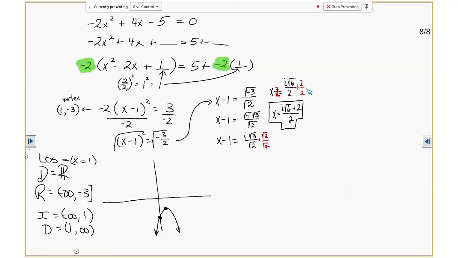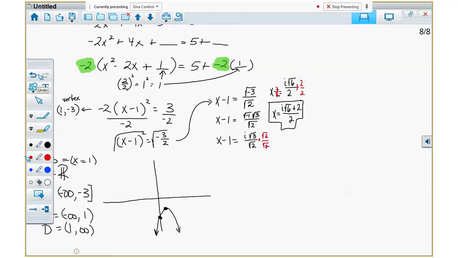All right, so let's do another one. This time, we're still on the negative, but we're going to factor out, it's going to give us a fraction.